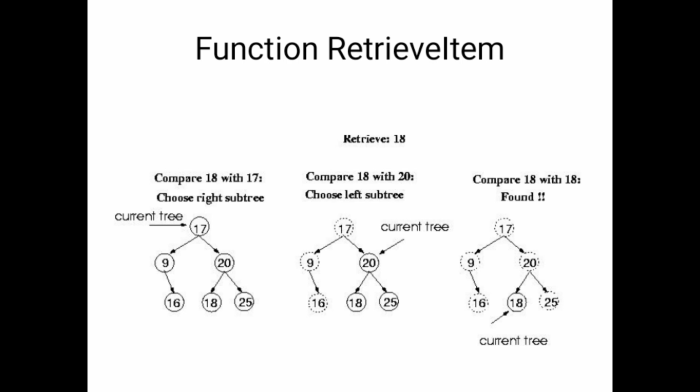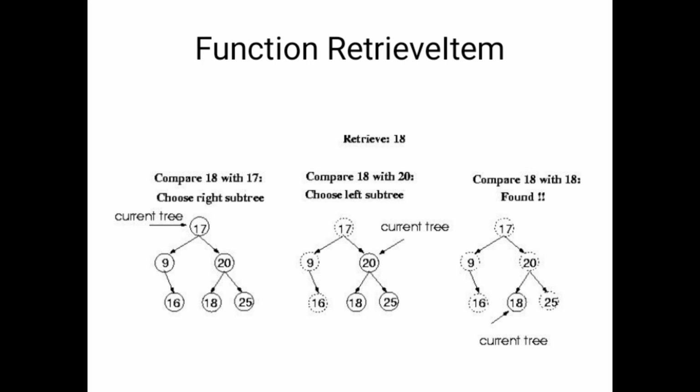Here the search element is 18 and the root is 17. So the search element is greater than the root element. 18 is greater than 17. Hence, you have to move to the right part of the tree. You have to start searching from the right side of the root.